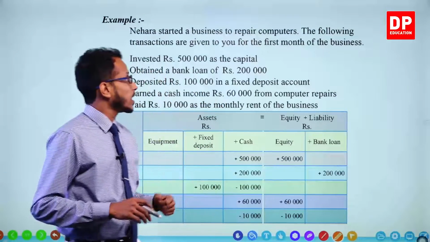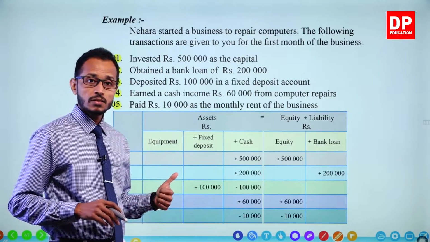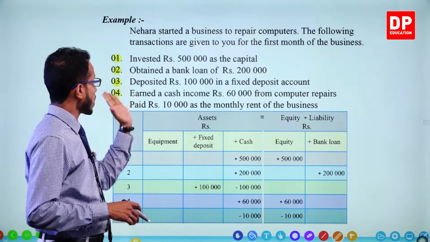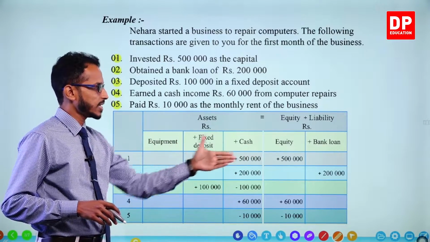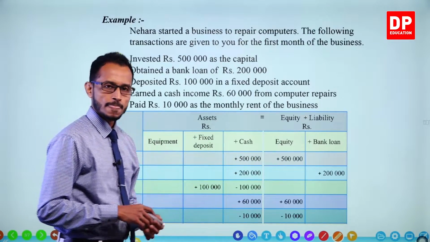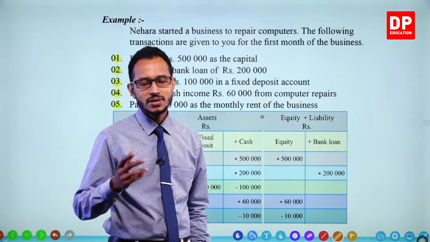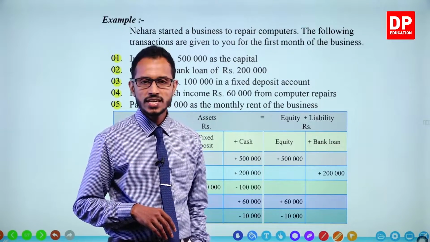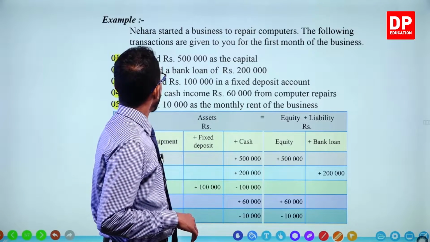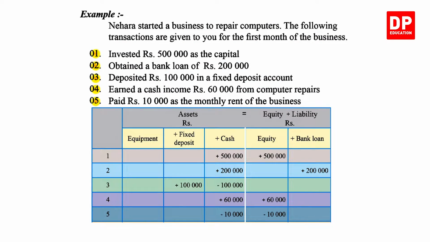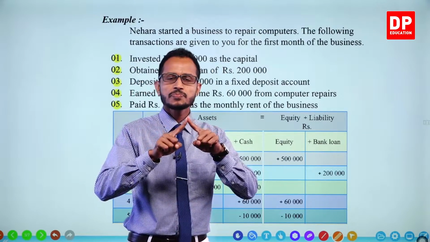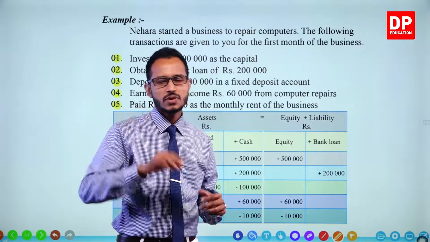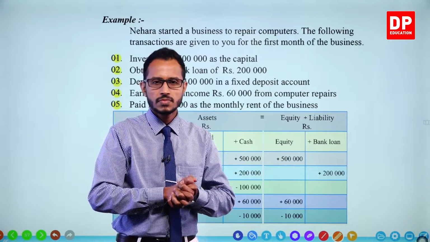Unit 5. In this session, we are going to discuss how transactions affect the accounting equation. In the previous session, we discussed the same thing, how transactions affect the accounting equation, but with simple transactions, right?